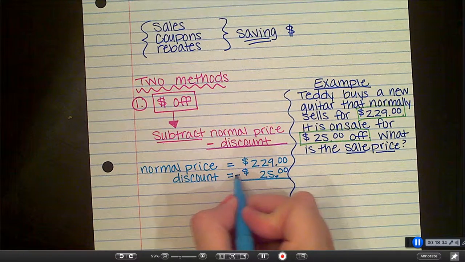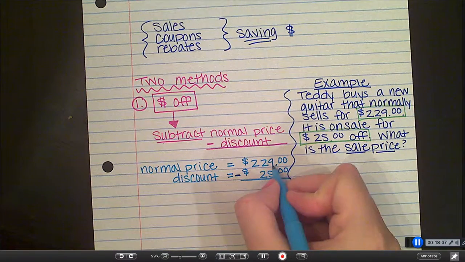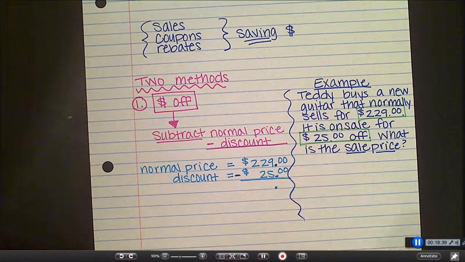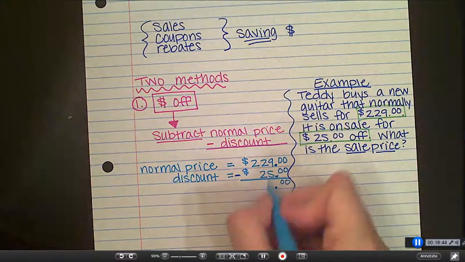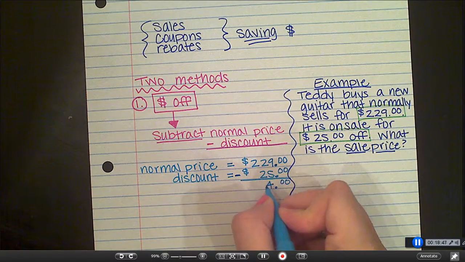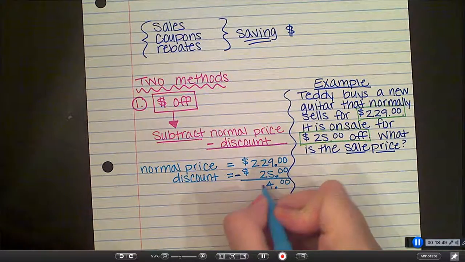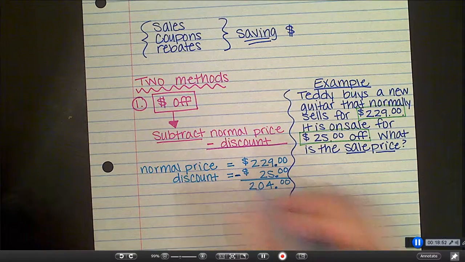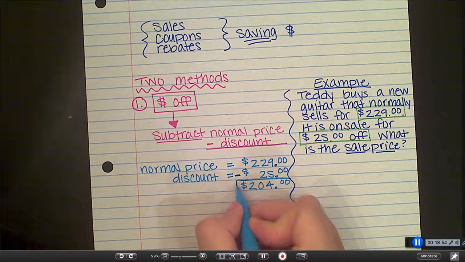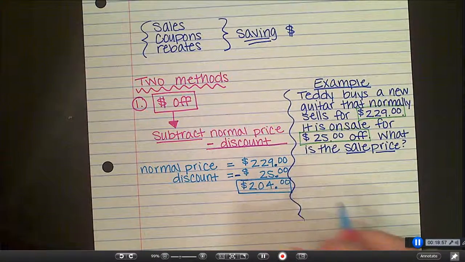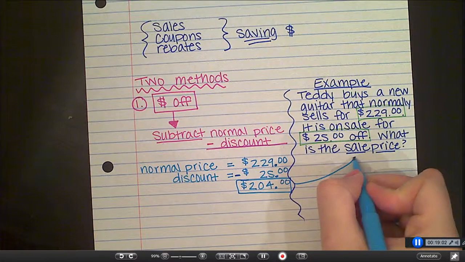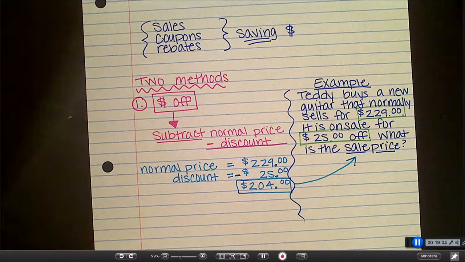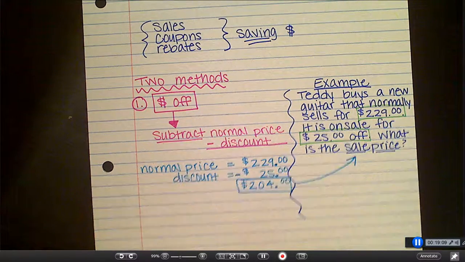Make sure you have that minus sign there. And let's drop our decimal down to our answer. 9 minus 5, 2 minus 2 is 0, and 2 comes down. So that means that my sale price is $204. So the sale price is $204. So that's the first way.